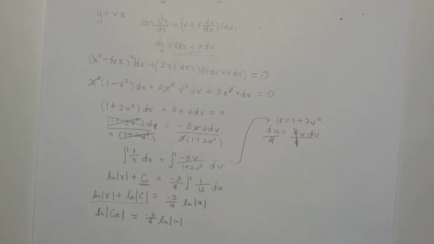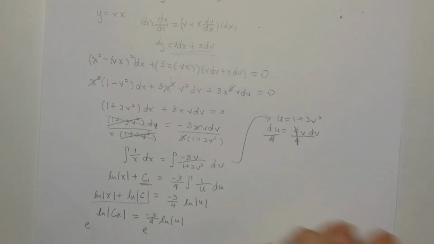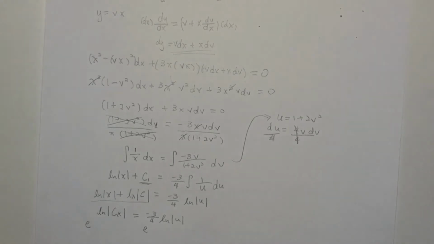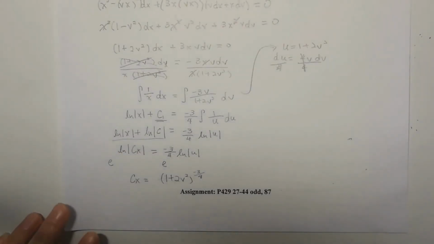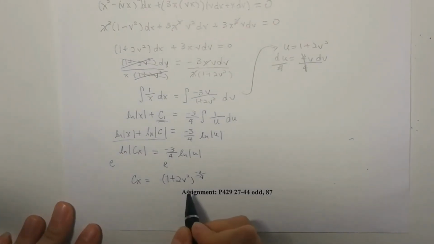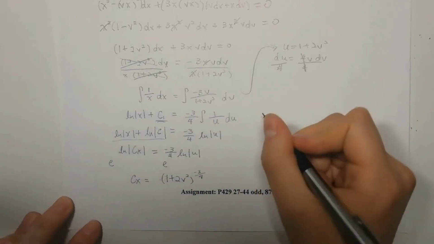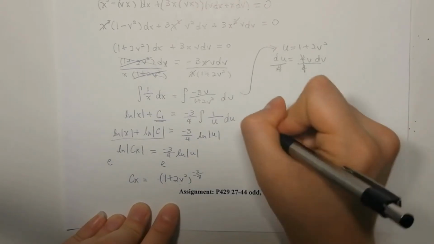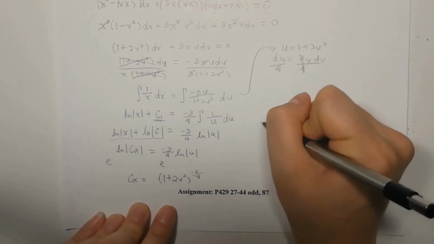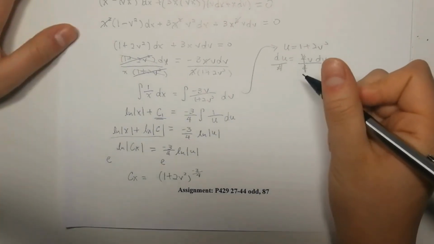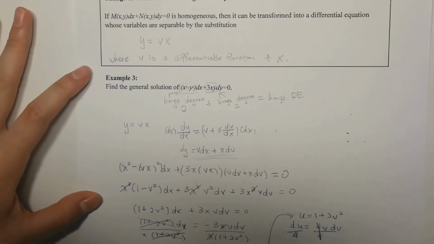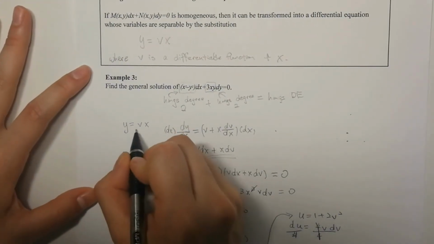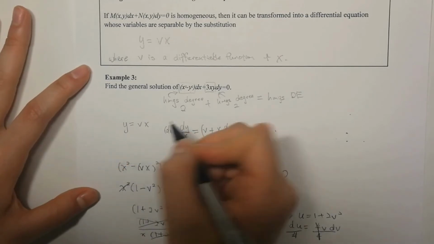So the next step is pretty straightforward. You should have gotten something like this. The next step of this problem is to substitute v in terms of x and y. Remember, going back to the very top, we substituted y with v times x.